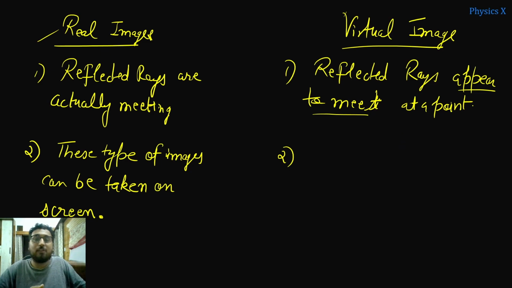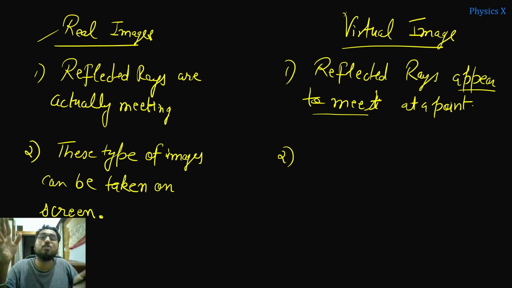In the last case also, the reflected rays were in the real sense diverging from each other, so they won't be meeting anywhere in real space. Even if you put a screen anywhere, you can't put it on the back side of the mirror, and if you did, there are no rays there. To our eyes only it appears that rays are coming from there and an image is forming behind. It's all an illusion to our eyes.